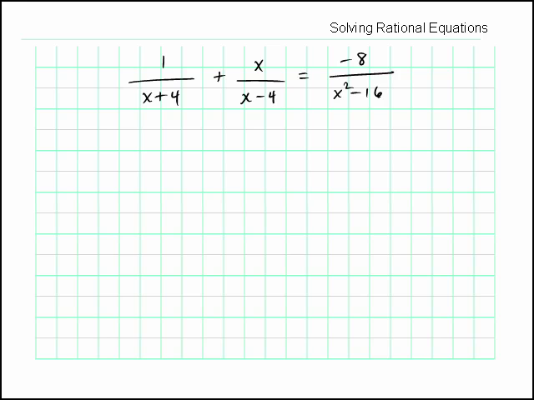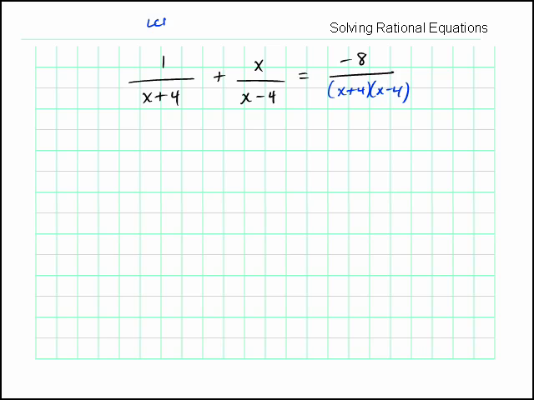Okay, just like in the last two examples, I have this x squared minus 16, which I know factors, so I'm just going to erase that and write it in its factored form. x plus 4, x minus 4. It's one of those difference of squares. That's the LCD for the entire equation.